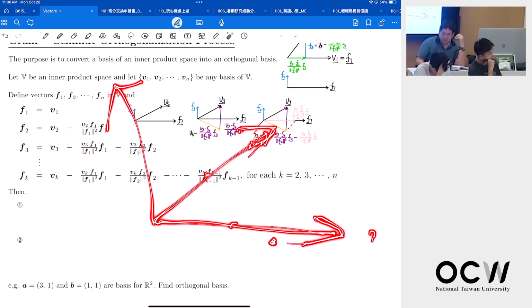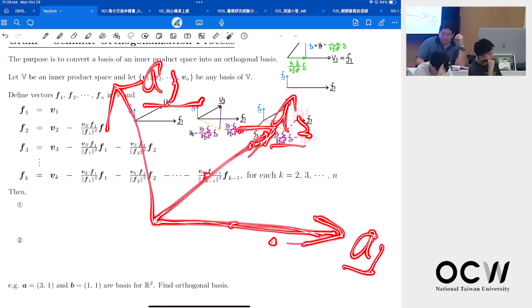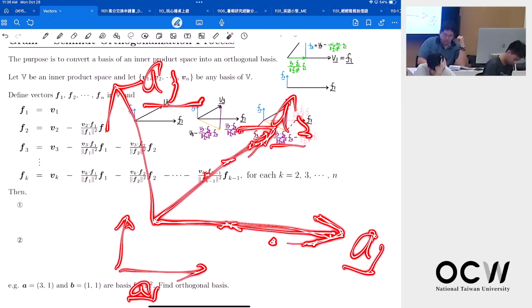Say A1, A2, A3. A1 is the base. For A2, I want to remove the portion in the direction of A1. When I deduct that portion, then these 2 vectors will be perpendicular.